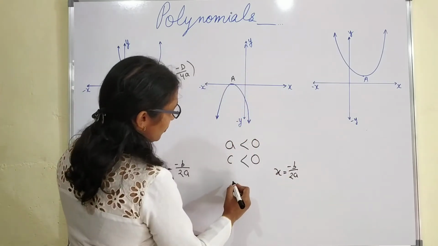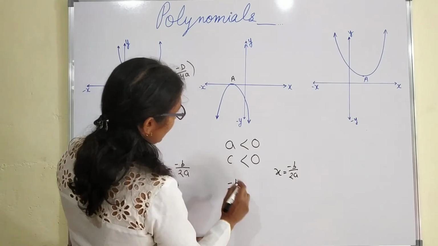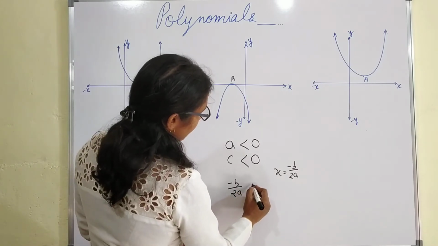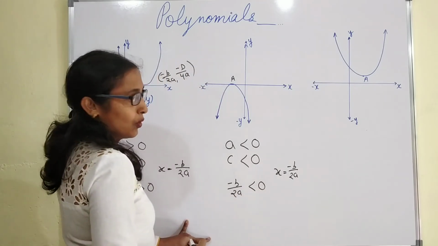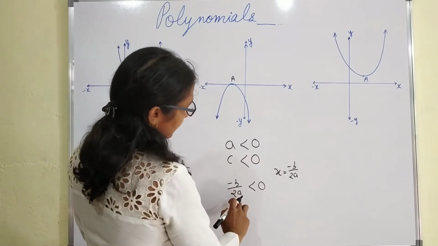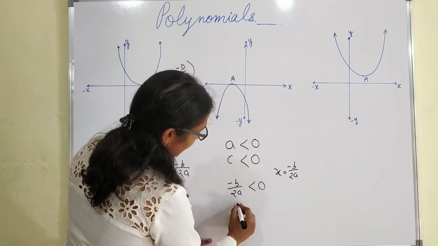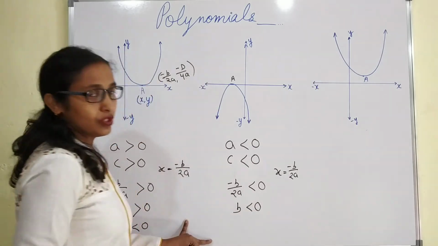It is in the third quadrant, so minus b upon 2a is negative, smaller than 0. Negative will be cancelled, so b is smaller than 0.